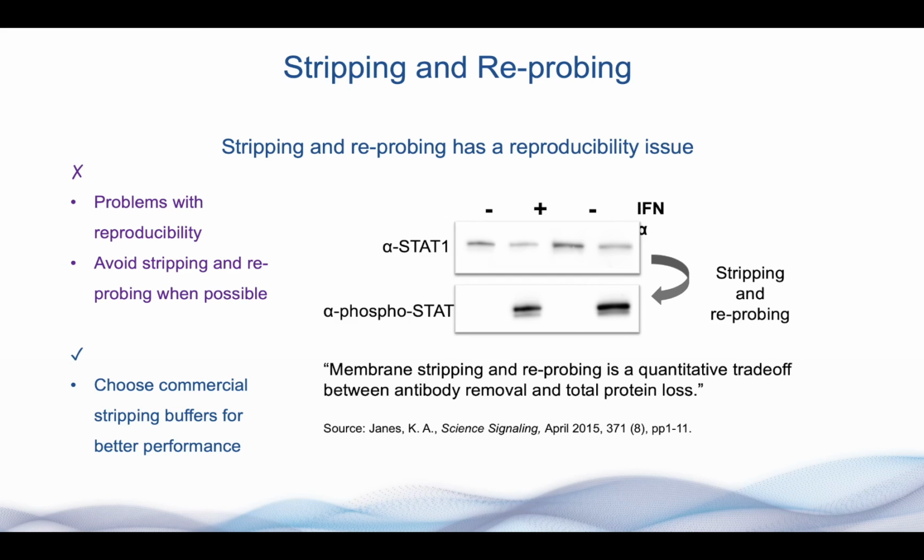But we have to keep in mind that either of these methods produces irreproducible results sometimes, because we are not detecting the same blot anymore. We should avoid stripping or reprobing when possible, and only do it if we have to. We should choose commercial stripping buffers to get better performance than house-made solutions.